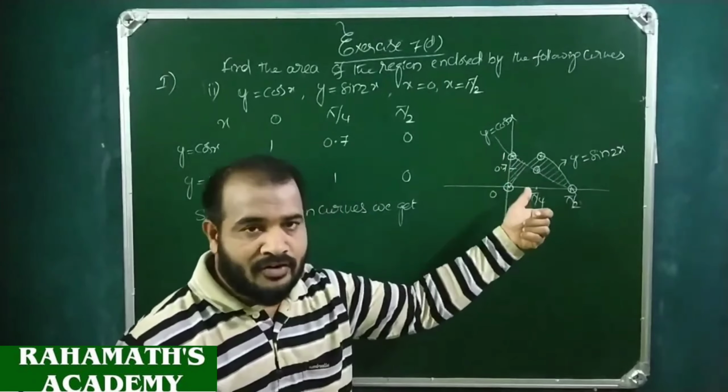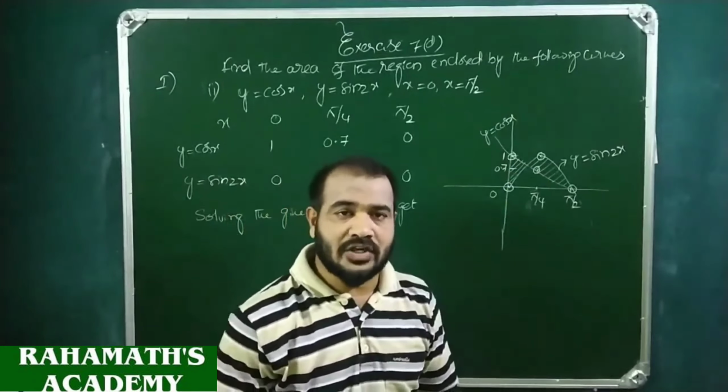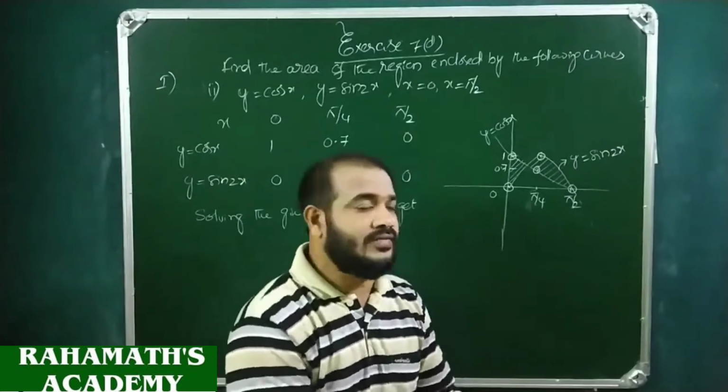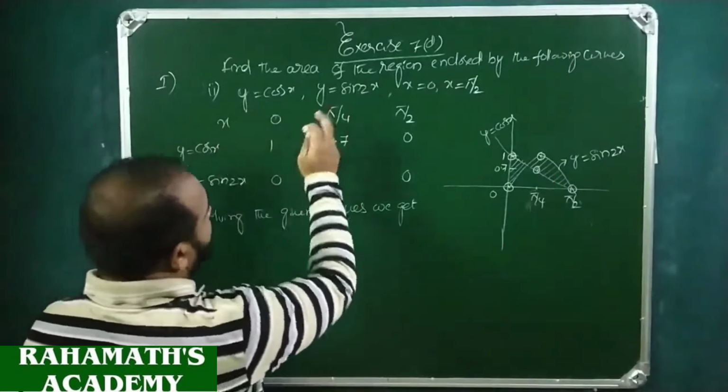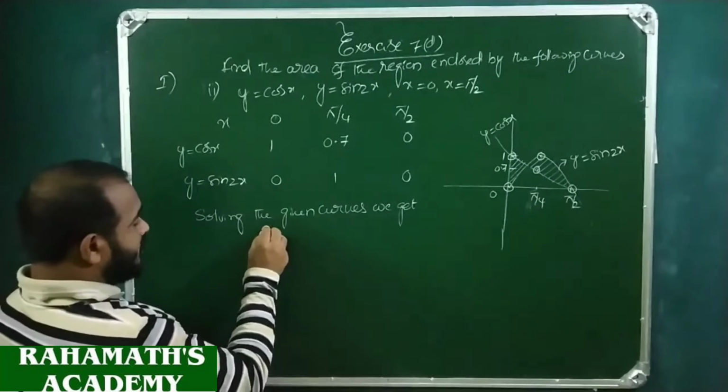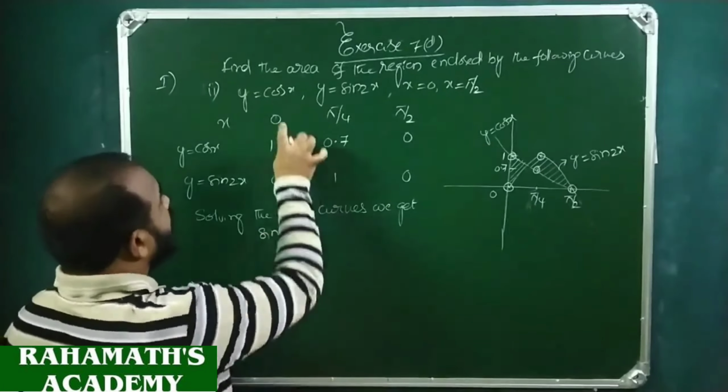So this is the point of intersection. To obtain it, we need to solve the two curves. Since both are y equals, sin 2x equals cos x.